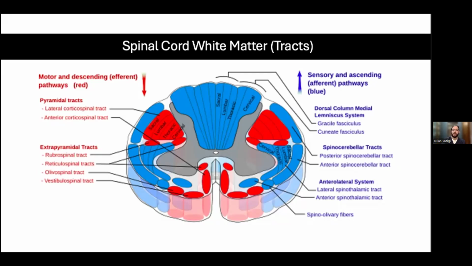Because most fibers cross at the medullary pyramids, this tract controls contralateral limb movement. The anterior or ventral corticospinal tract, by contrast, does not decussate at the medulla. Instead, its fibers cross segmentally near the termination, predominantly influencing axial musculature.